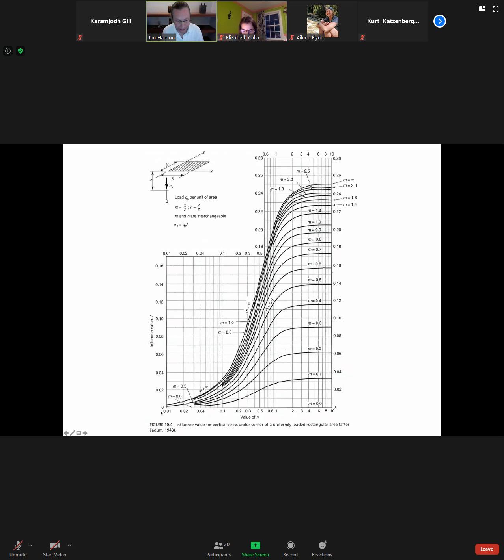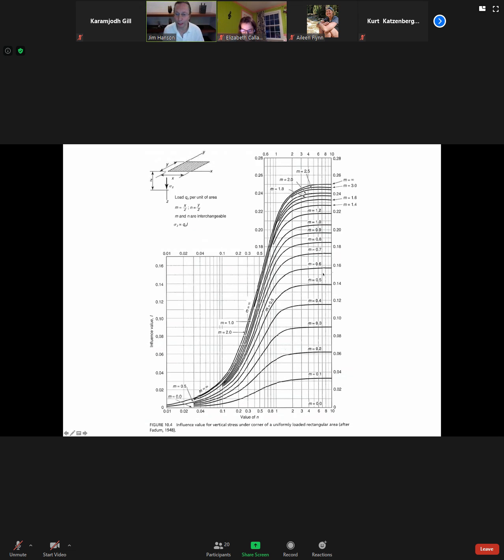And N is down on this side. On this axis, the x-axis is N, and something to note, this is a log axis, so you've got to be careful with which set you're in and so on. And here you would identify the value for N, again defined as L over Z, so quite straightforward. And you end up at a given point here.